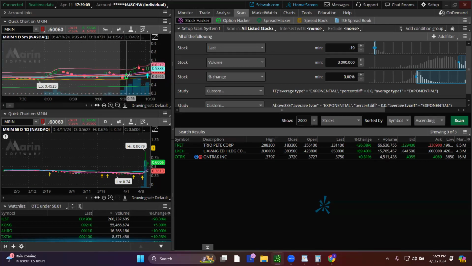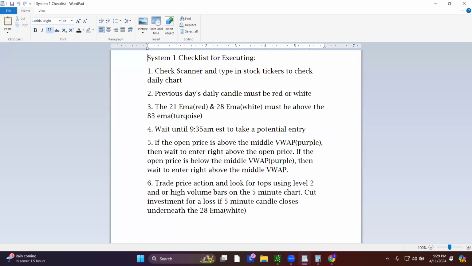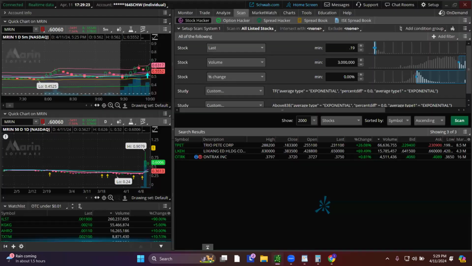So in that 9:35, I would be looking to enter right above the middle VWAP, just like the checklist says. Right here. If the open price is below the middle VWAP, then enter right above the middle VWAP. And so I entered right here in the 52, 53 cent area.